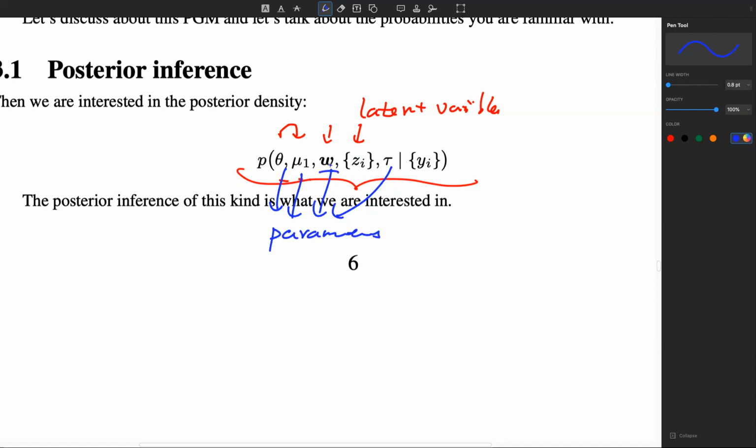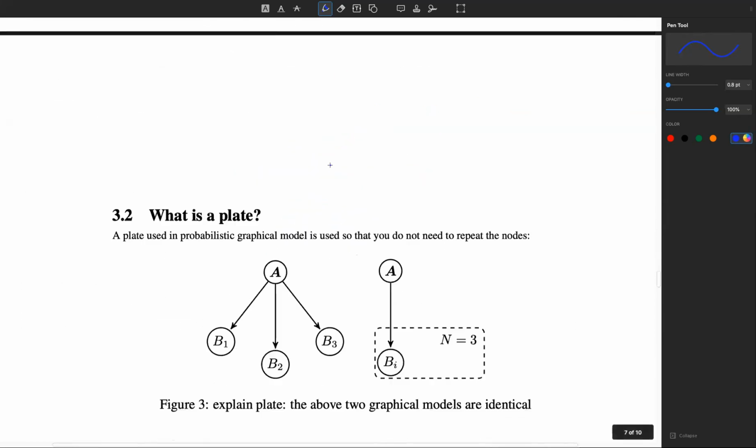Basically, you need to infer all of these. Everything that has a circle around it, you need to perform your posterior inference on. By the way, it's a good skill to have anyway.